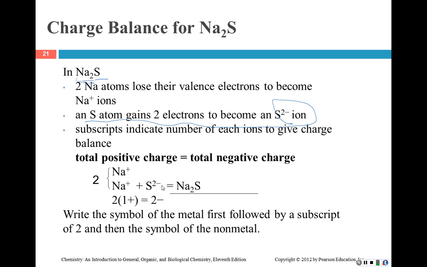You have 2 sodiums, which are 2 pluses together, and 1 sulfide ion, which is -2. So 2 times +1 is +2, and 2 minus is 2 minus, and +2 - 2 gives you an overall charge of 0, which is neutral.